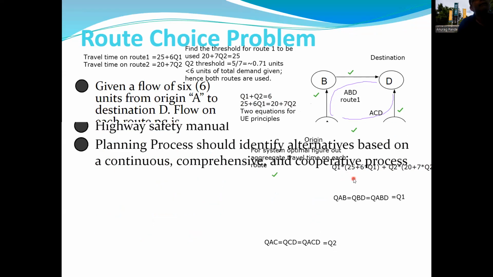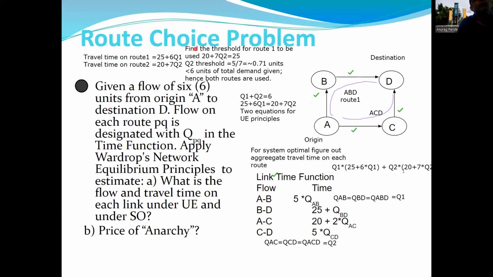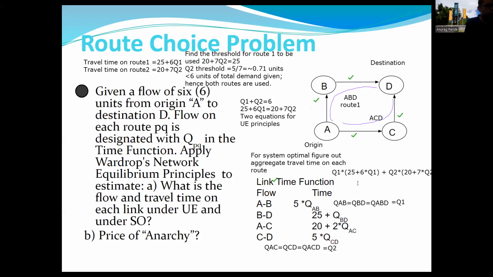So I can still say that Q1 plus Q2 equal to still 6 units. So my Q1 plus Q2 will still add up to be 6 units, and I will be able to get that. That's pretty good. And I can then figure out what would that look like.